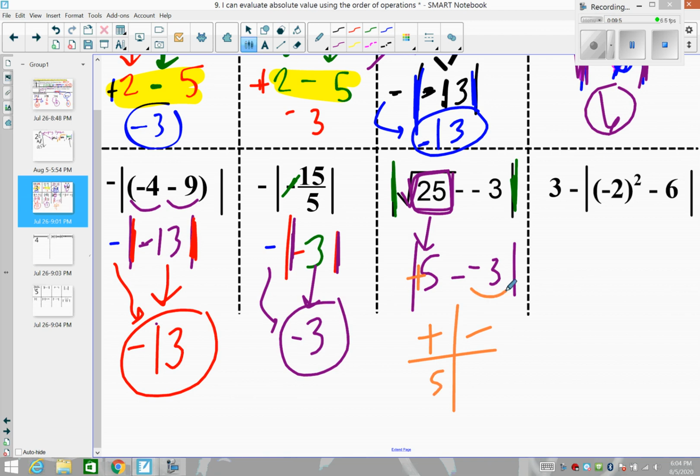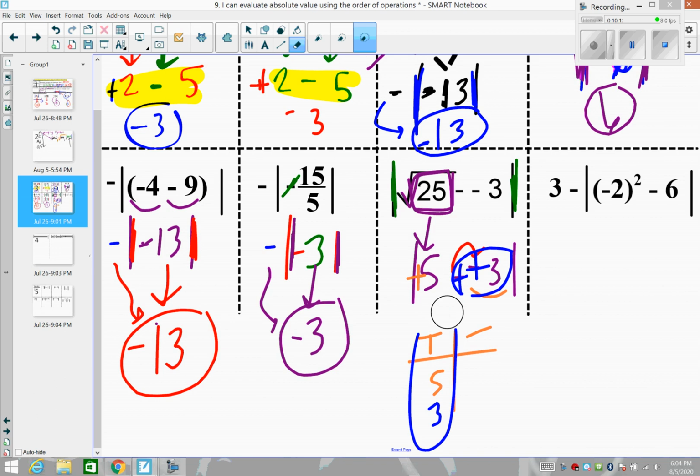I have 3 kids on team negative, except it says that we have to take the opposite of that sign. So this turns into a chop, chop. So that's now a positive 3. So it actually turns out that we have 5, 6, 7, 8 kids on team positive. 8 kids on team positive is the result of that.